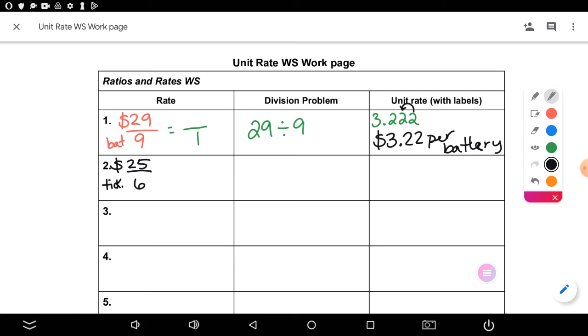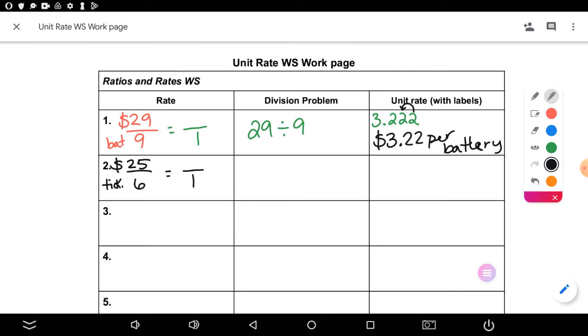Okay, if I'm finding the unit rate, what am I actually finding, Jack? Money per 1 ticket. The cost per 1 ticket. So I'm going to show that we're trying to get that denominator to a 1. Chase, how do I get from 6 to 1? Divided by 6.